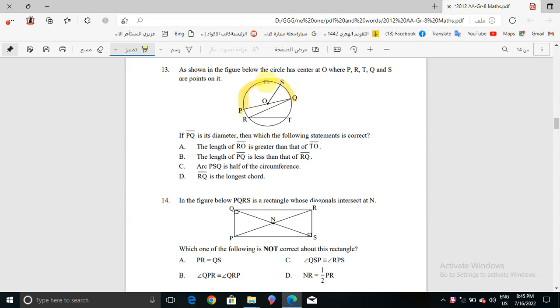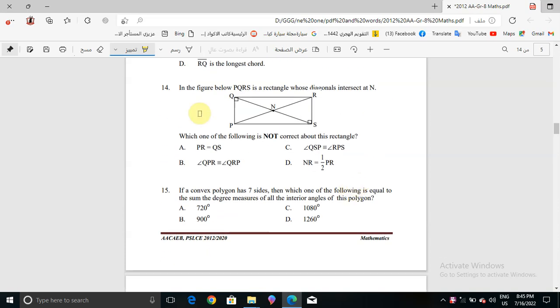P, S and Q. If you see, it's half of what? It's half of the circle, right? Yes, the arc PSQ is half of the circle. So that means C is the correct answer for question number 13.